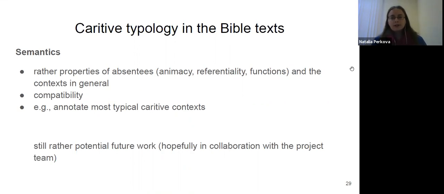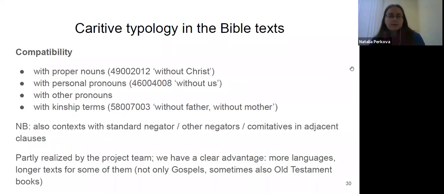So after additional inspection, we are looking forward to annotating the most typical Caritive contexts, probably with the project team, so that then something can be also done semi-automatically, to see in which context, with which semantics, we get some particular Caritive markers or the candidates.